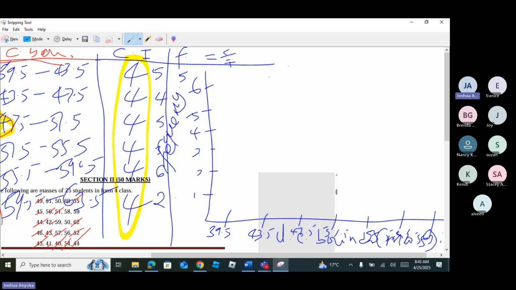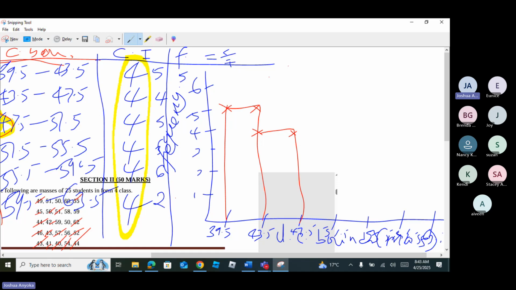Plotting will be 39.5, 5. We draw this one, and it has given us a bar. Next is 43.5 up to 47.5, frequency of 4. We also draw this bar.